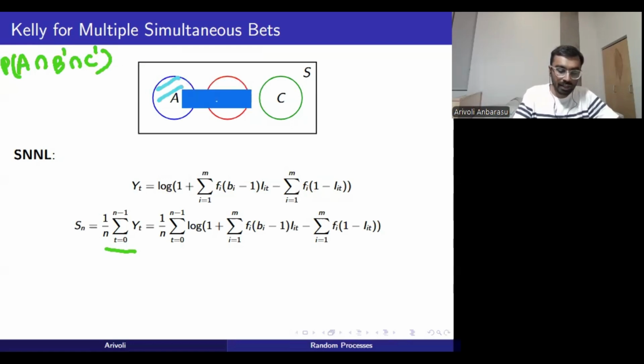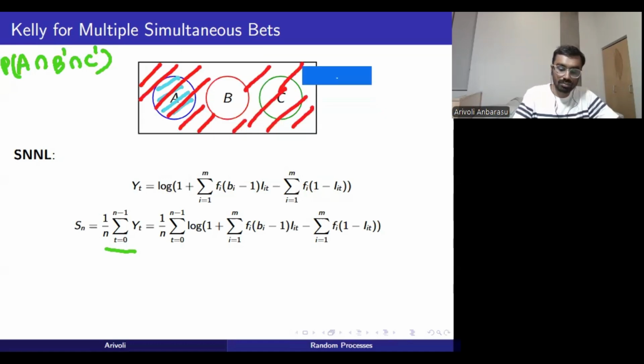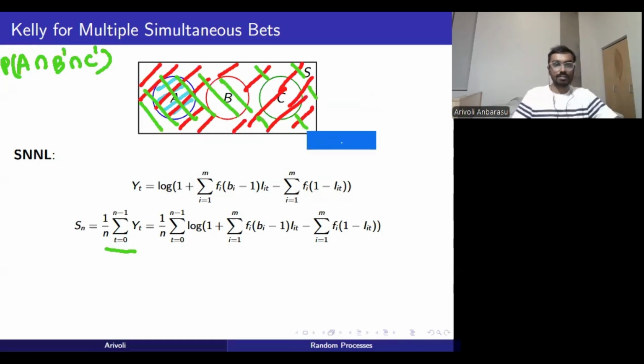The probability that event A happens and the probability that event B doesn't happen is in this fashion, and the probability that event C doesn't happen is in this fashion. So from the diagram, we can see it is just the probability of event A happening.